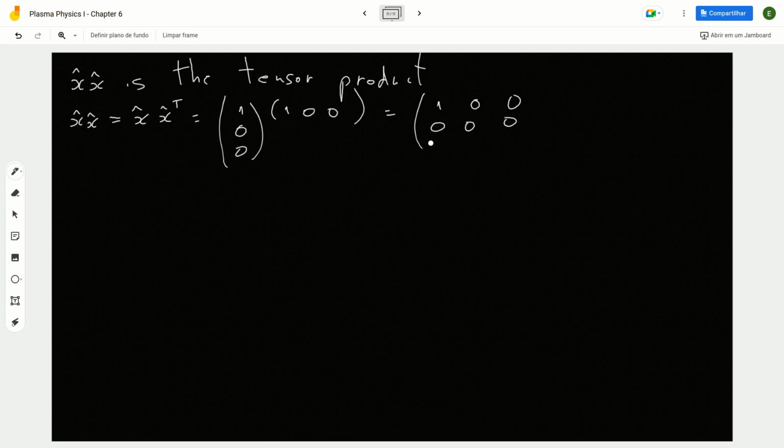You compute it like a matrix product here. Okay, then xy will be this, and so forth.